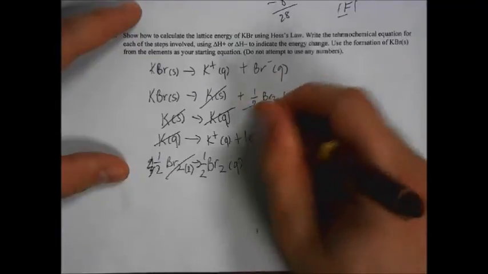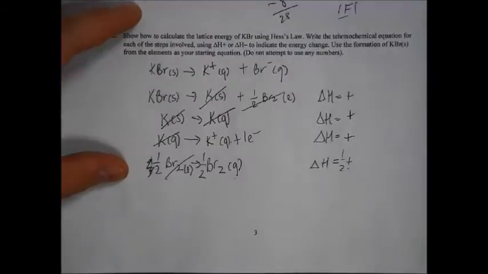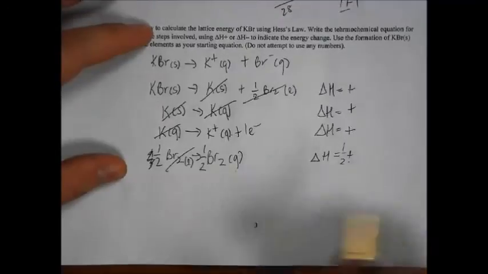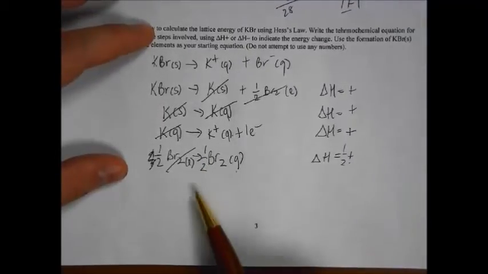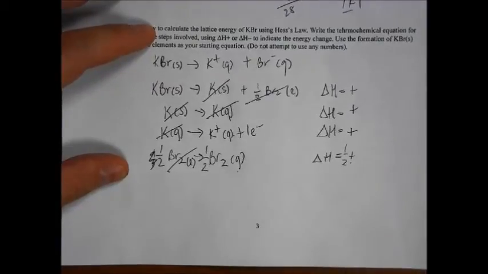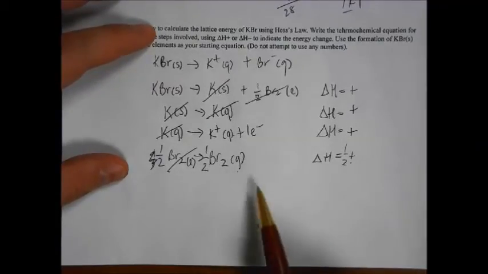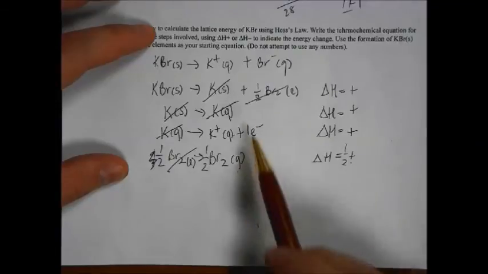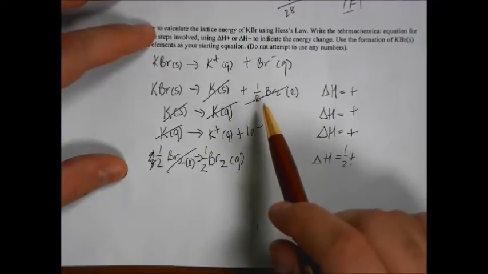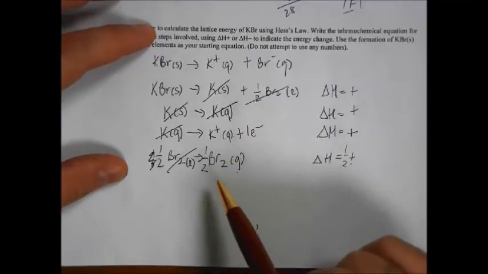So now the Br2 liquids will cancel out. And we've actually done this before. We've seen this in class, dealing with stoichiometry above, that we've had to use half equations for the bond breaking in this case. So now we have 1/2 Br2 gas. So the only step that's left is we can't have Br2.